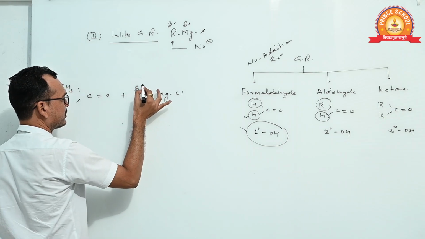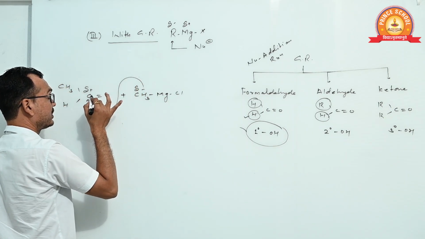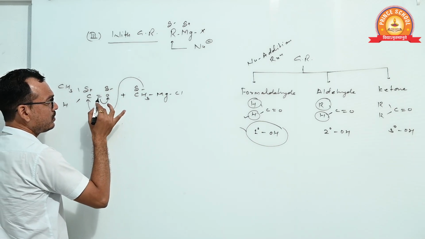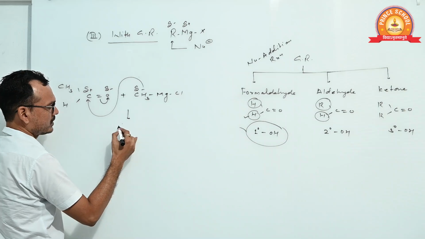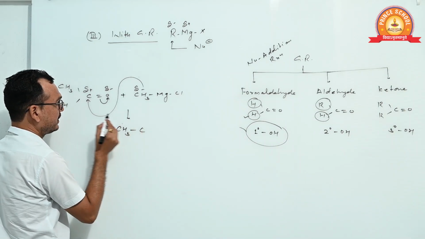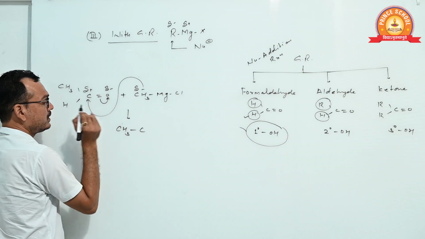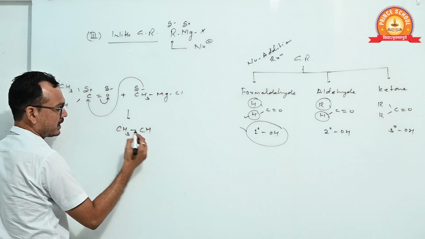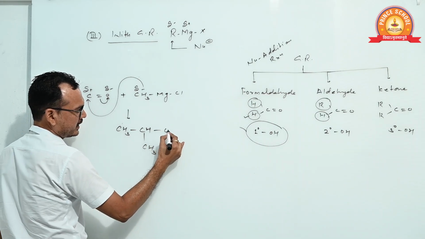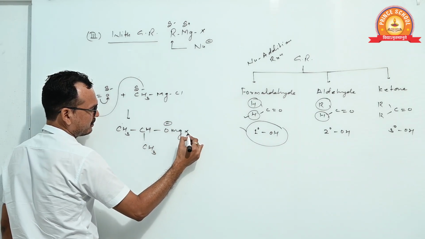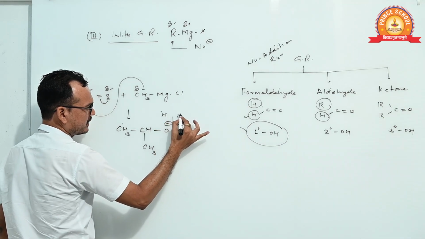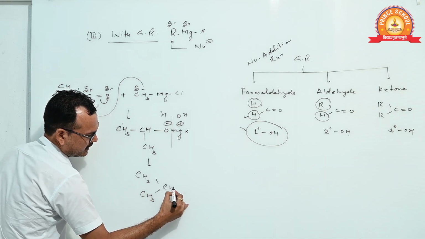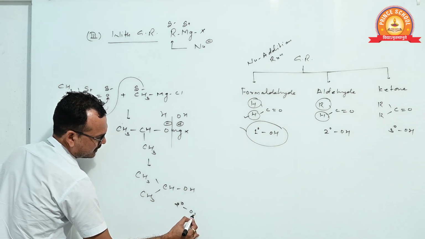And this is CH3MgCl. The negative charge attacks the carbonyl carbon, which is partially positive, and electron density transfers to the more electronegative oxygen atom. Then the H stays on this carbon and this CH3 attaches to this carbon atom, giving CH3 with oxygen negative charge and MgX, and after hydrolysis you get CH3CHOHCH3, the 2 degree alcohol.